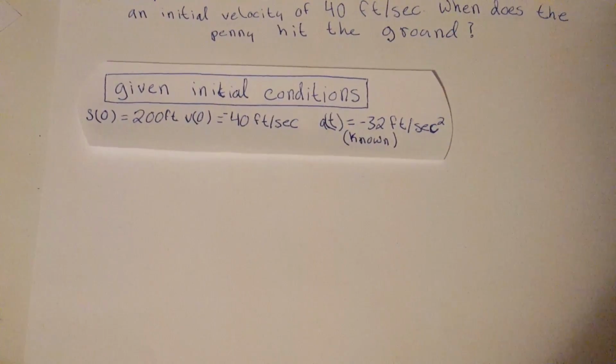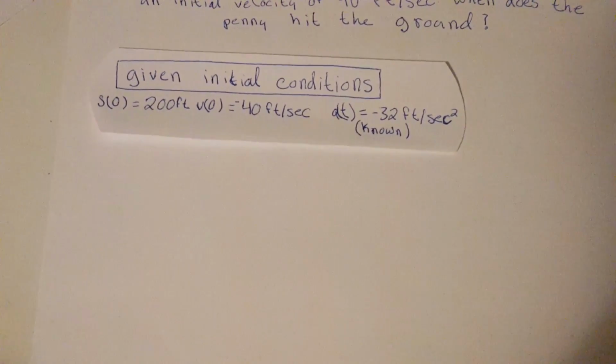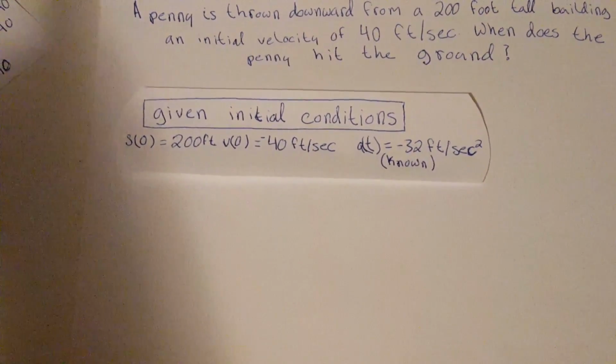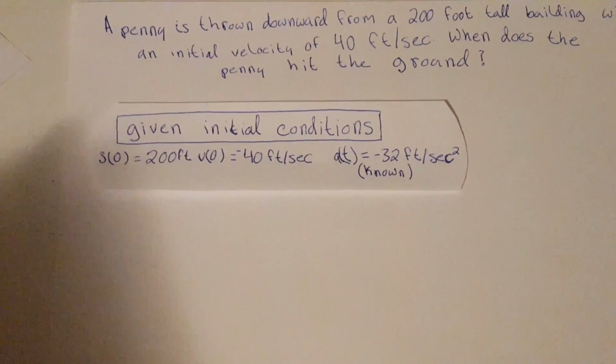And that a of t is known because it is acceleration due to gravity. And then the reason why 40 is negative is because it is being thrown downward.